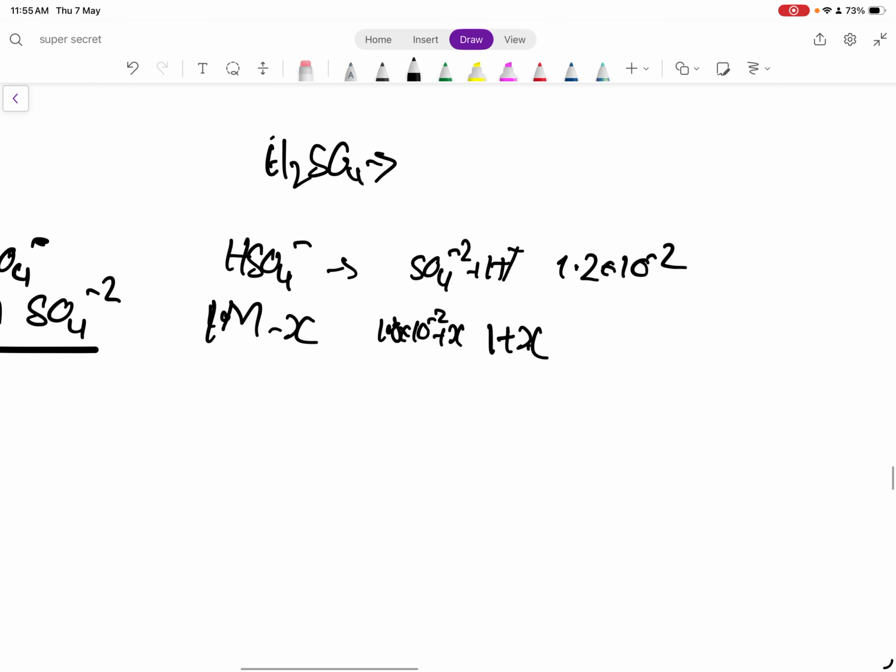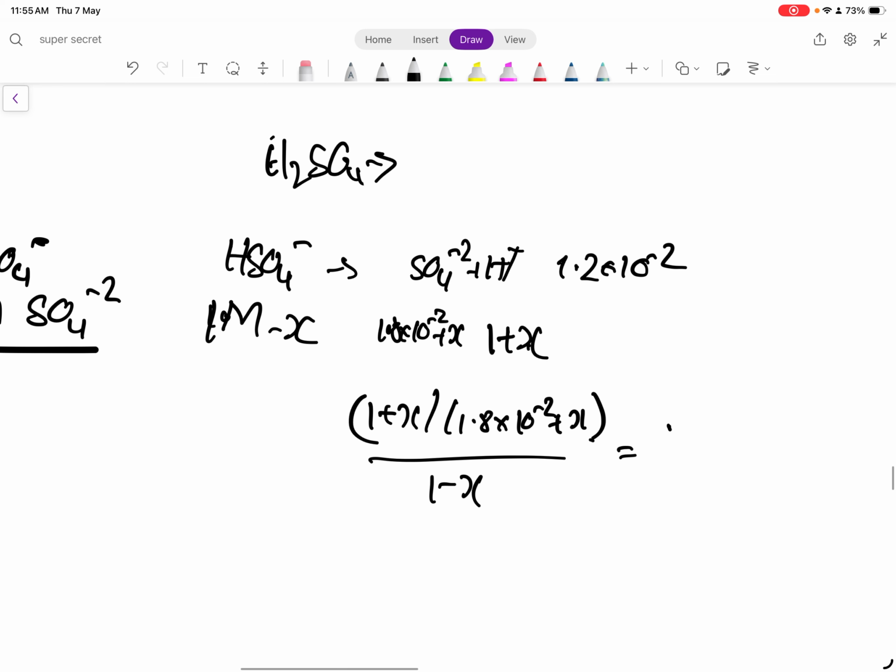So we have 1 plus X into 1.8 into 10 power minus 2 plus X, divided by 1 minus X, is equal to 1.2 into 10 power minus 2.